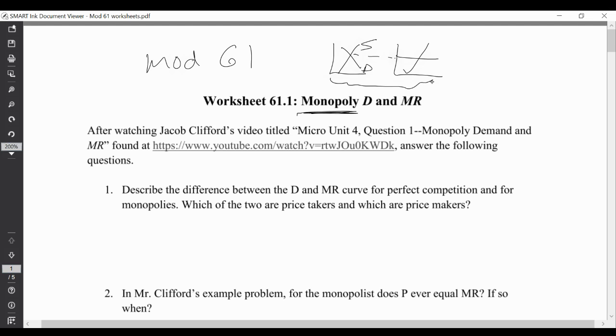We now take these two and put them into one graph, and we will have the market demand curve, the market marginal revenue curve, and we still have the marginal cost curve. So we're taking all the curves from these two and putting them together, making one set of graphs.